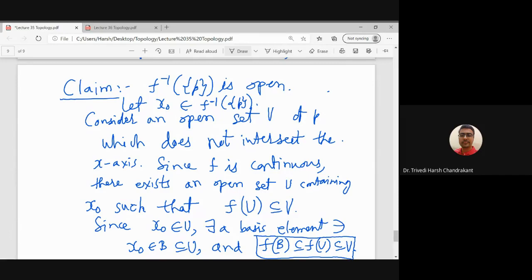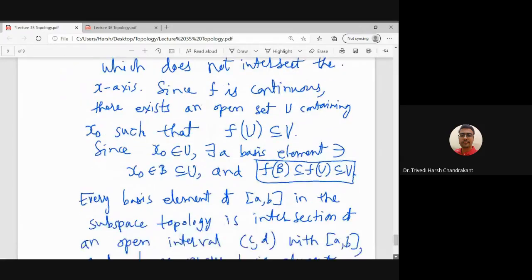Once we get this set U using the condition that f is continuous, x naught belongs to U, where U is an open set. Since x naught belongs to U, there must be a basis element, let us say B, so that x naught belongs to B, contained in U, because U is an open set containing the point.